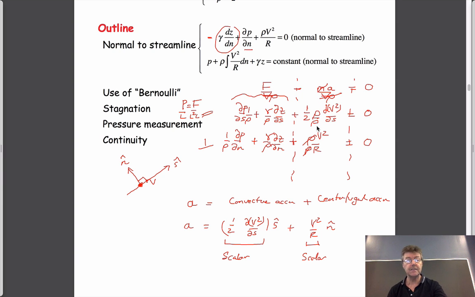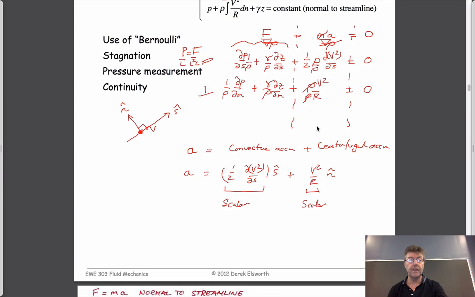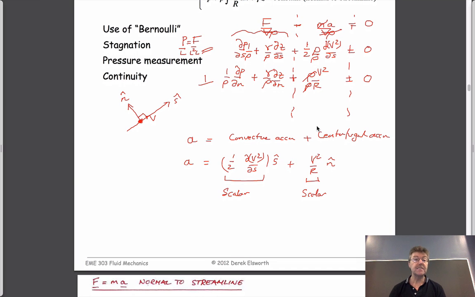And so for instance, if we wanted to know what the acceleration was of this particular geometry, then we need to know what the values of these vectors are. If this is 45 degrees, that's the easiest one, right? So what are the values of these vectors? s would be a vector like this.